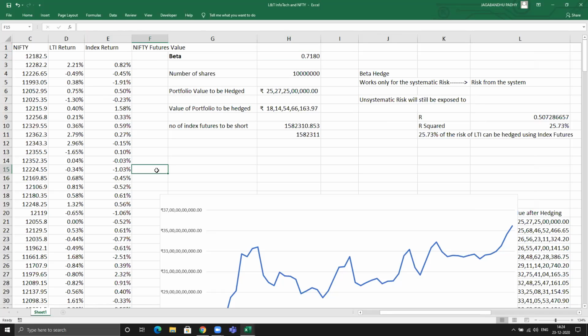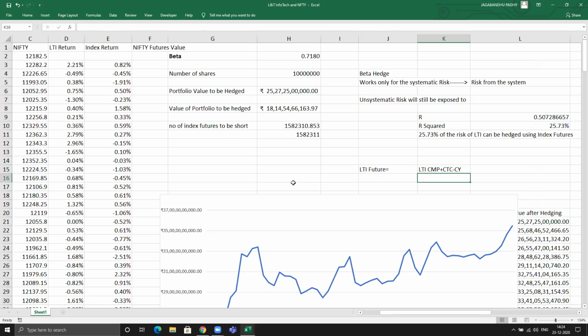Yes. So its value is L&T Infotech's current market price plus the cost to carry, minus the convenience yield.